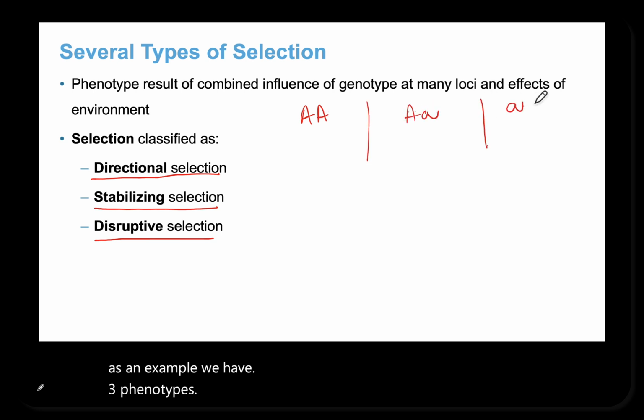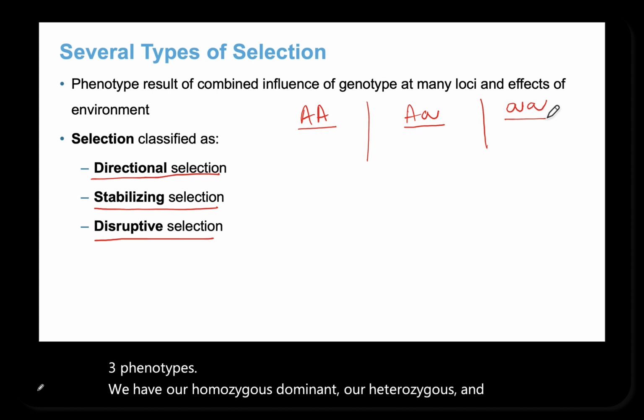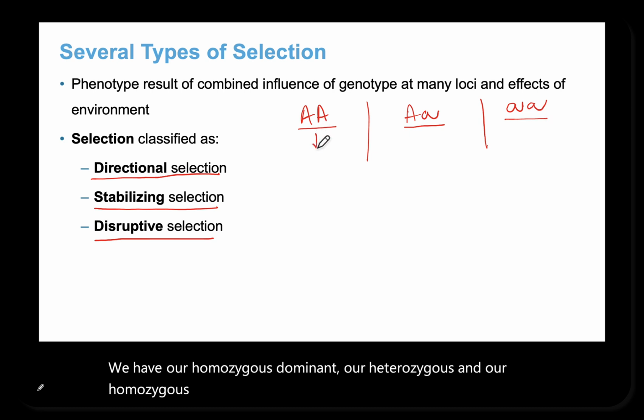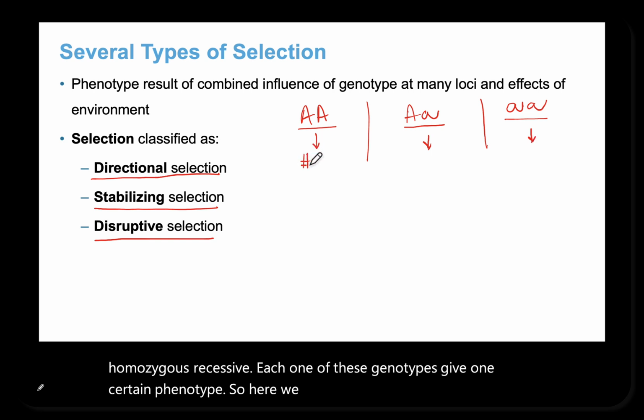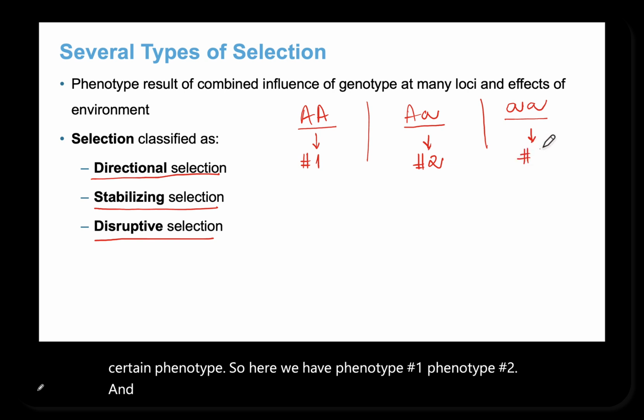We have our homozygous dominant, our heterozygous, and our homozygous recessive. Each one of these genotypes gives one certain phenotype. So here we have phenotype number 1, phenotype number 2, and phenotype number 3.